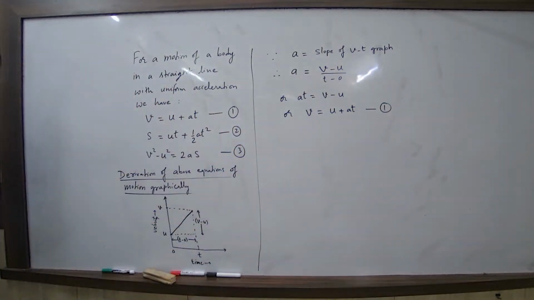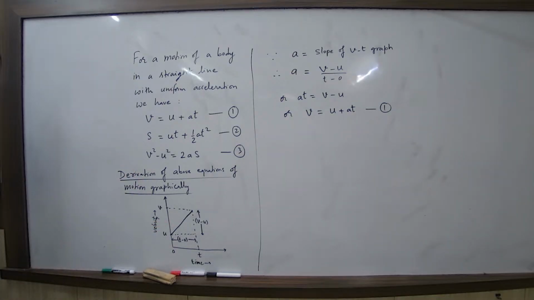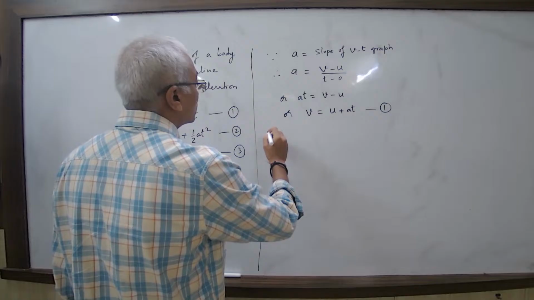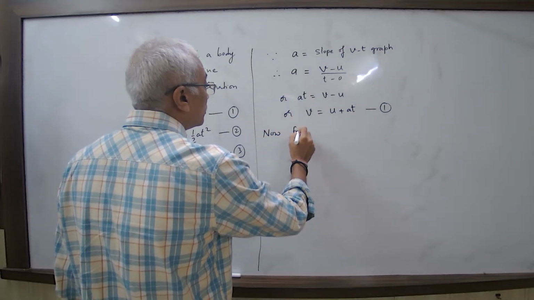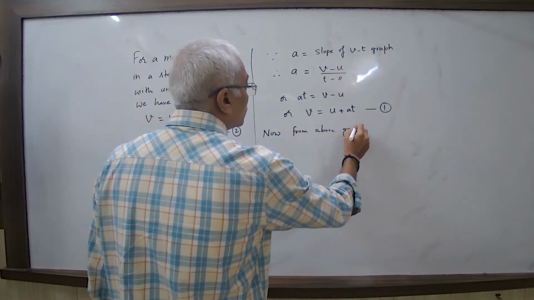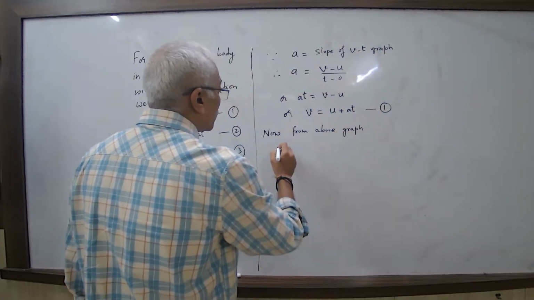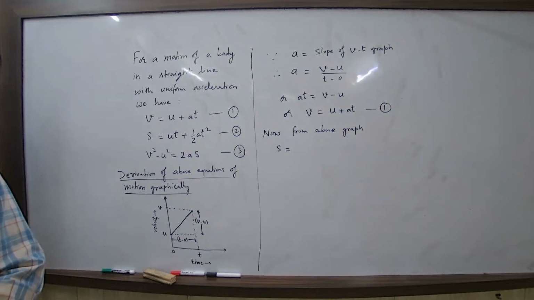ठीक है, पहला इक्वेशन हमने ग्राफिकली डिराइव किया. Second, what do we have to find? Displacement. Now, from the graph, s is displacement. तो ग्राफ से डिस्प्लेसमेंट कैसे निकलता है?